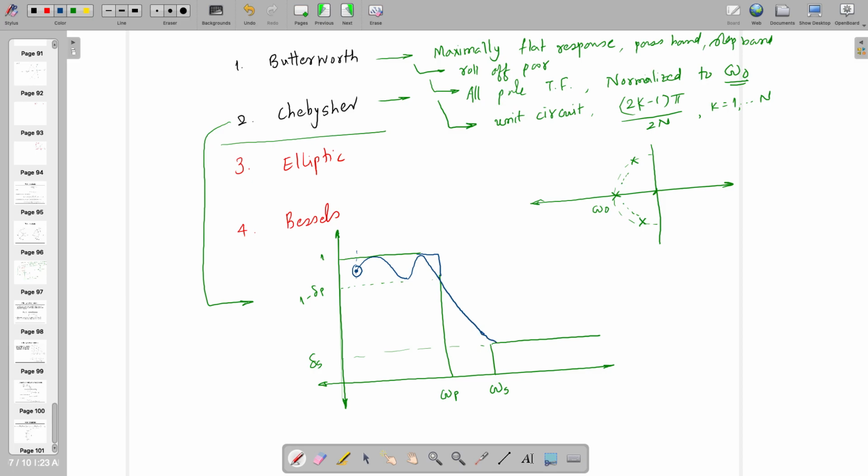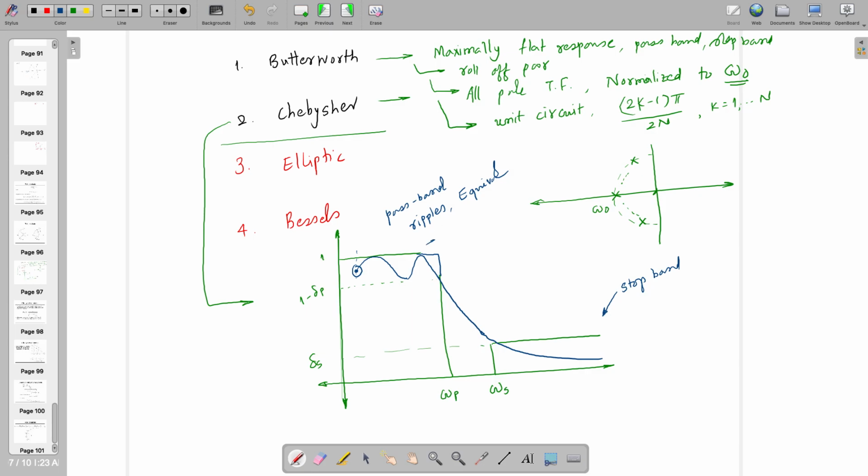So if it is Chebyshev approximation, then your stopband is monotonous and your passband has ripples, but with equal amplitude.